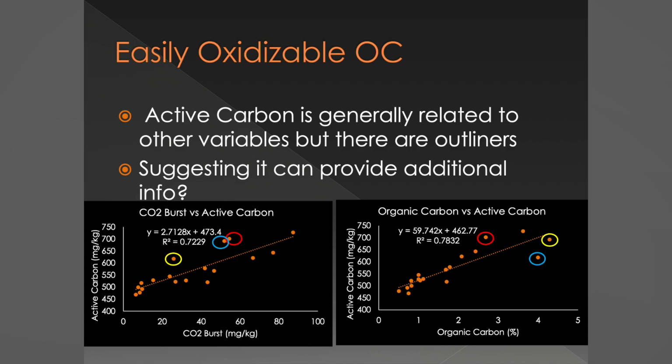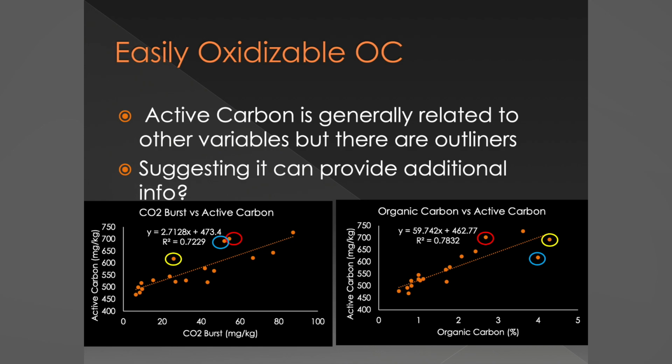Here's some data from work that one of my graduate students did, the CO2 burst versus active carbon. You have a fairly good R square, but the important thing is you have some of these outliers, and those outliers are those points where you might be learning something.